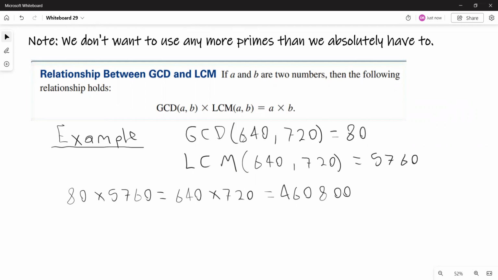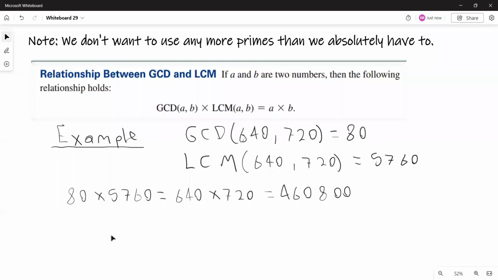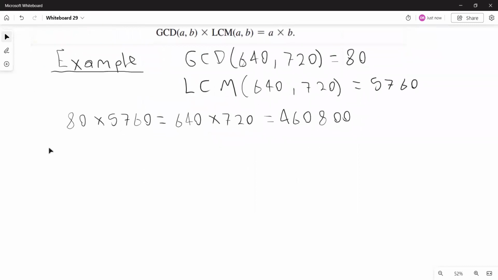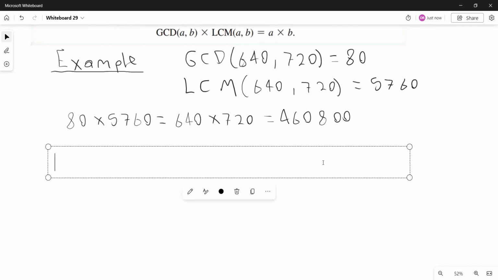And there's another one, the Euclidean algorithm. So I'm going to write this a little bit different to what the book does. A third method for finding the greatest common divisor is the Euclidean algorithm.